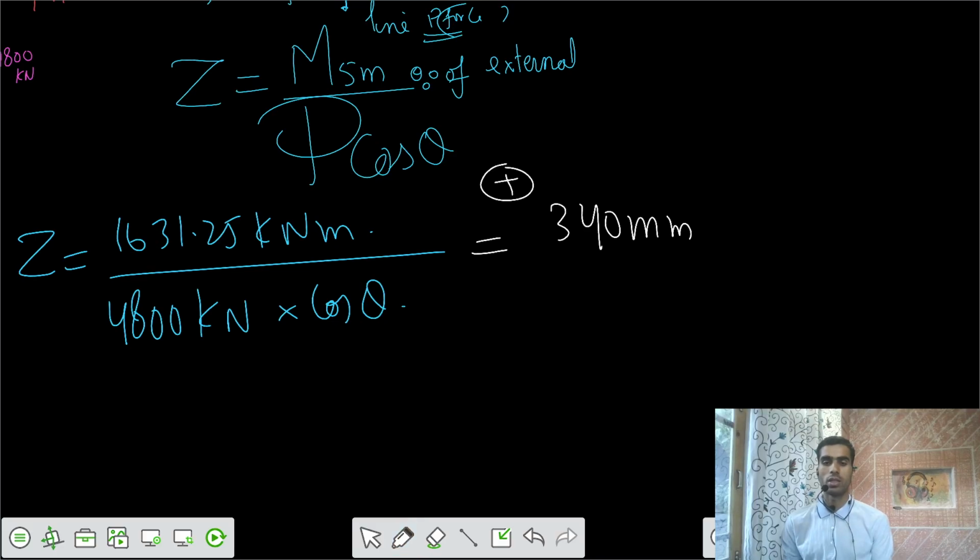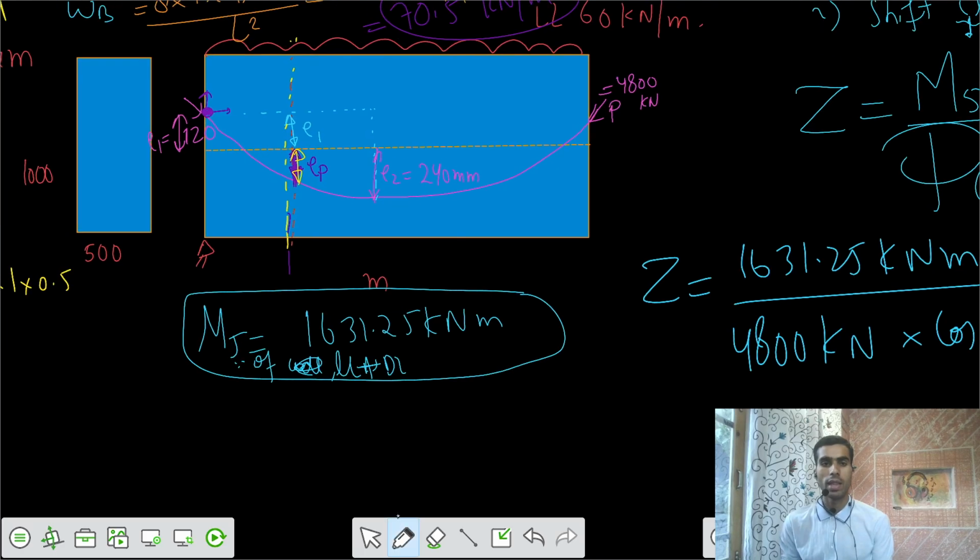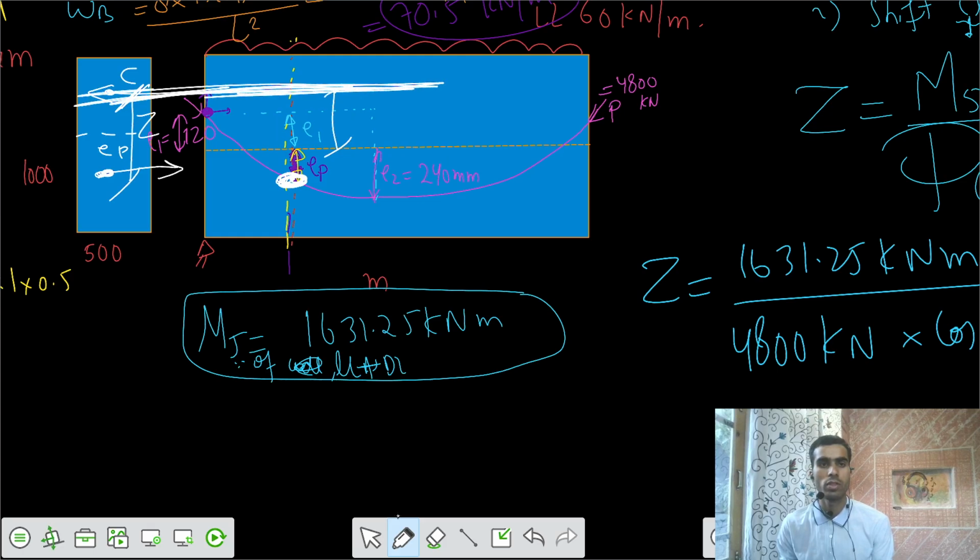That means at this location your P force was acting at EP from the neutral axis, but the C force is somewhere here, such that it is a positive value, and this total value is equal to Z. That means the C force is acting somewhere here on that particular section, at that 5 meter section.